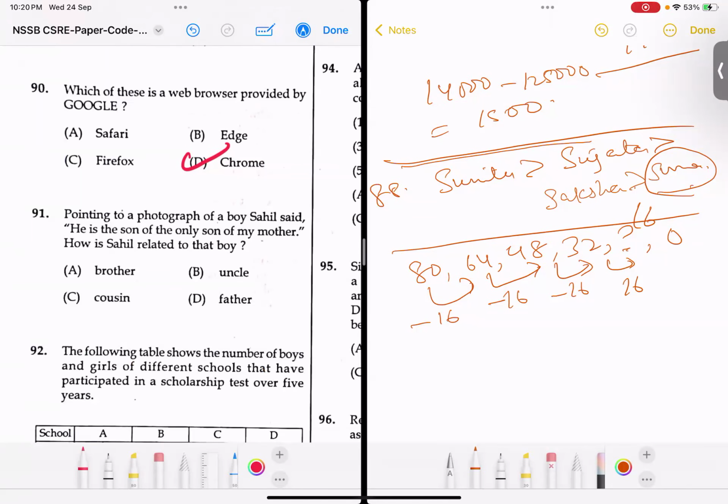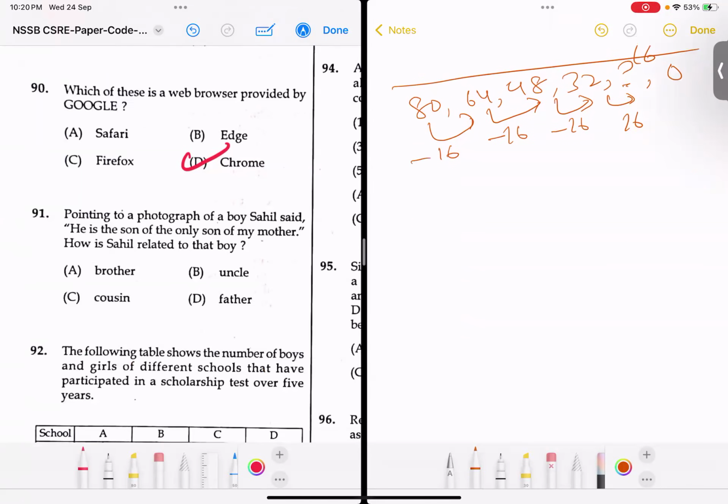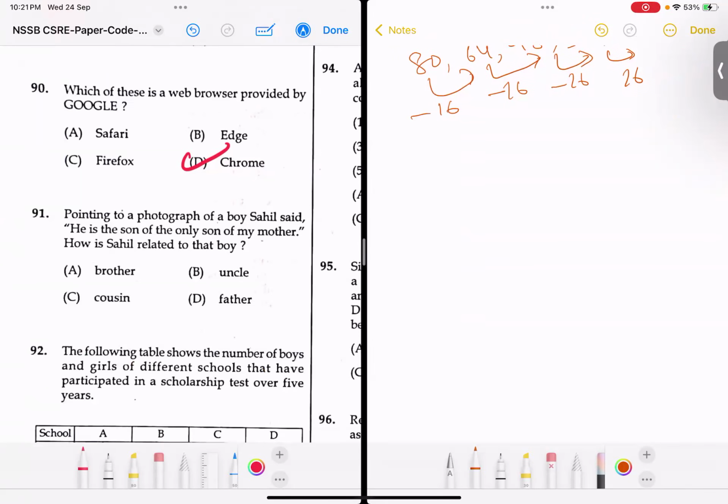Pointing to a photograph of a boy, Sahil said, he is the son of the only son of my mother. How is Sahil related to the boy? So here, Sahil is pointing to the photograph, and he says that the person in the photograph is the son of the only son of his mother.